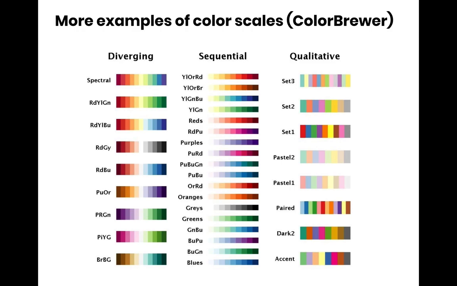And we have qualitative color scales, which are made for representing nominal data and which are perceptually optimized so that none of the colors is closer to any other color than it must be. So the perceptual distance between each of the colors is the same, in order to not imply any specific ordering in these colors.